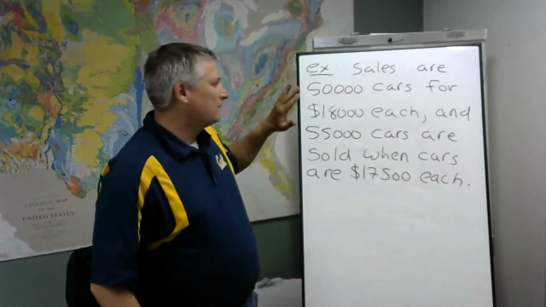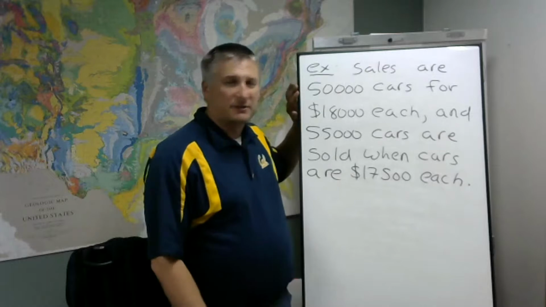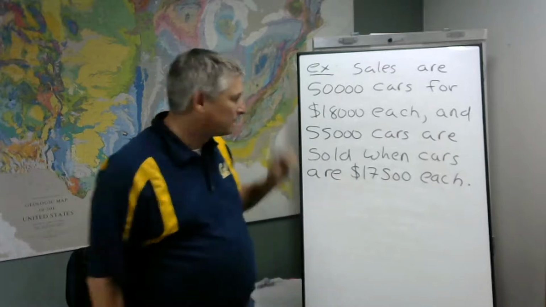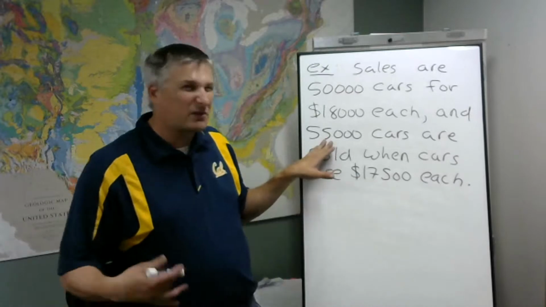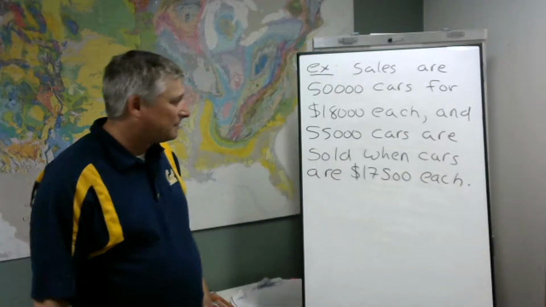So when the cars are 18,000, you're going to sell 50,000 of these in a month. But if you lower the price to 17,500, you're going to sell more cars, 55,000.